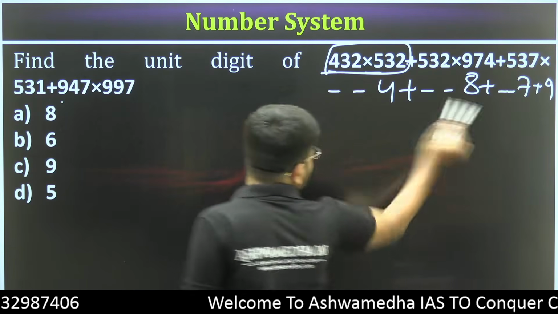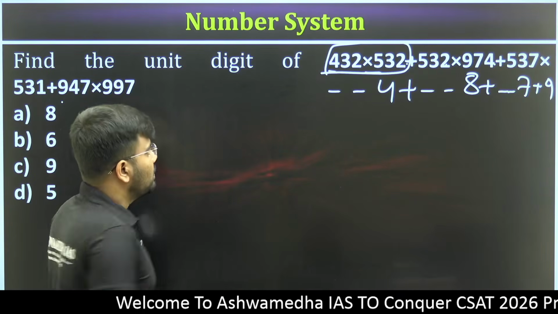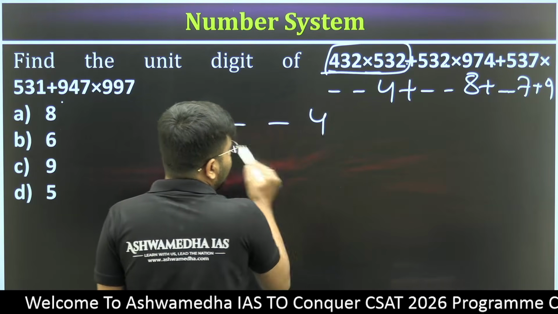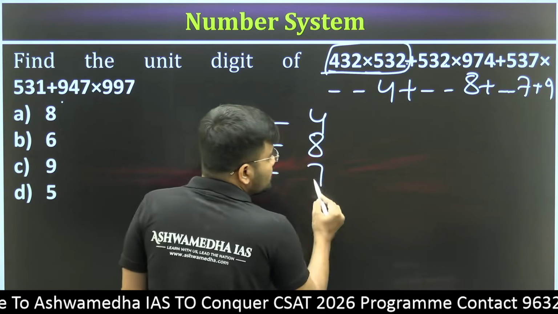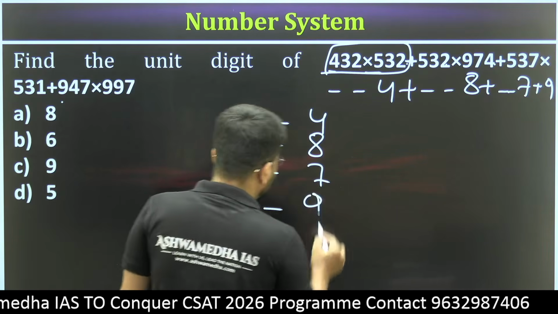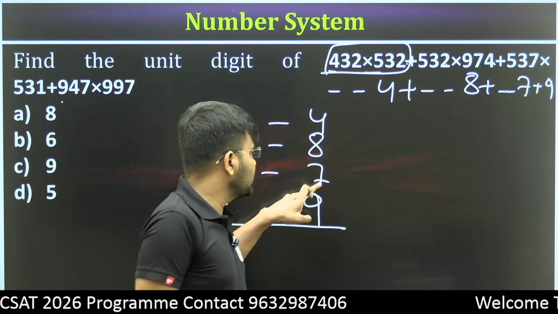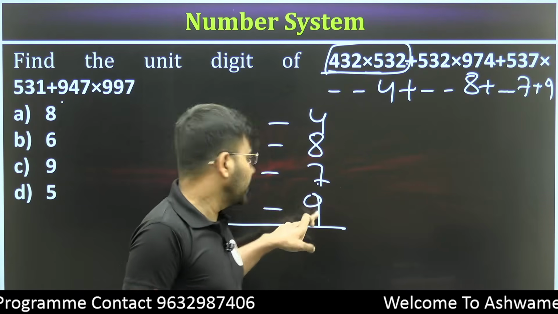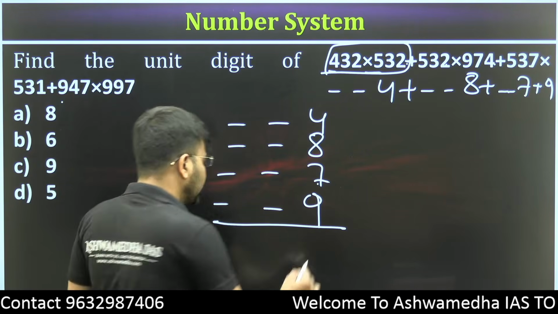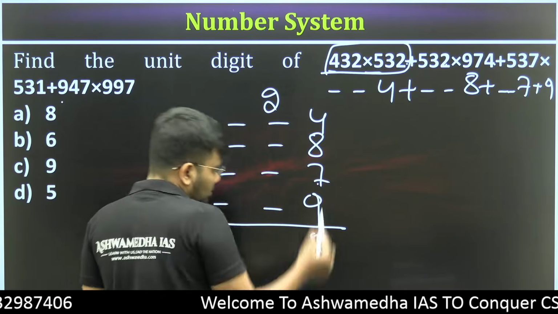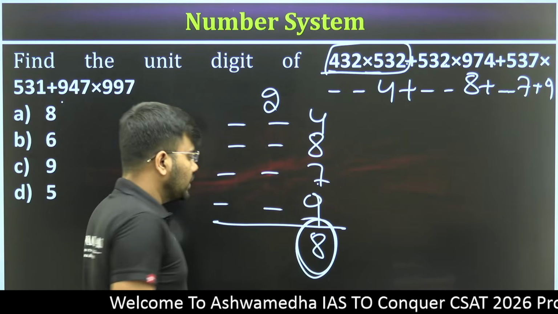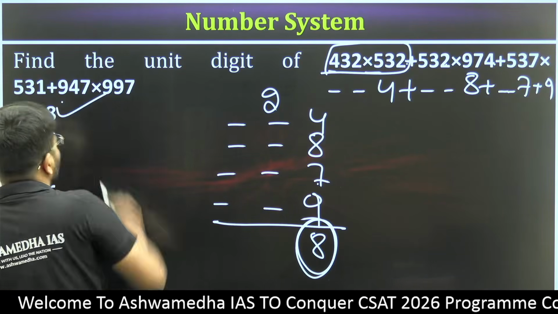You are adding all the digits in the units place. That is 4, 8, 7, 9. Add it. That is 8 plus 4, 12. 12 plus 7 is 19, 19 plus 9 is 28. Here 8 is the unit digit. I'm bothered about only the unit digit. That unit digit would be 8. That is option A would be the correct answer.